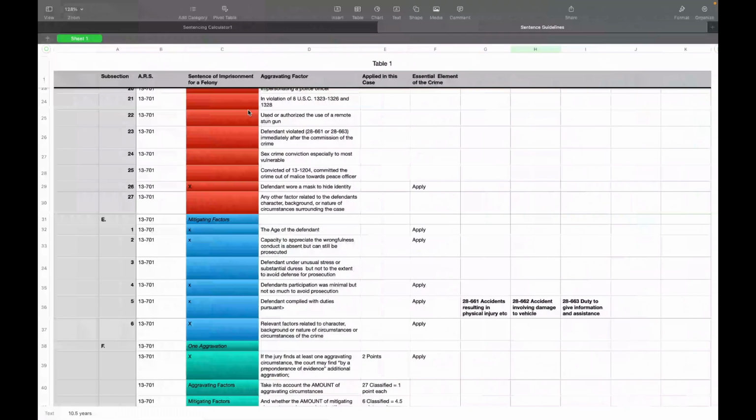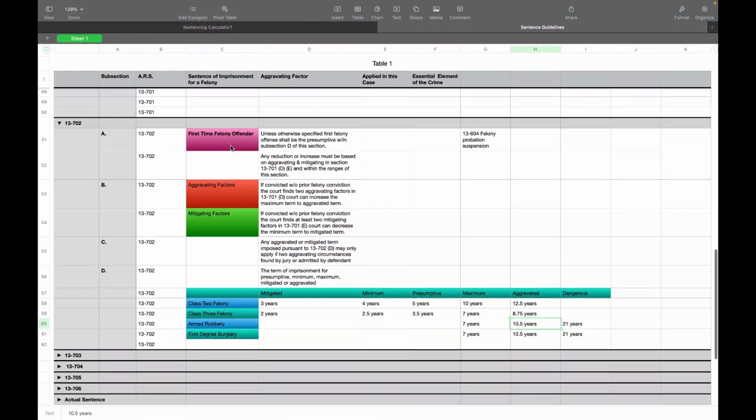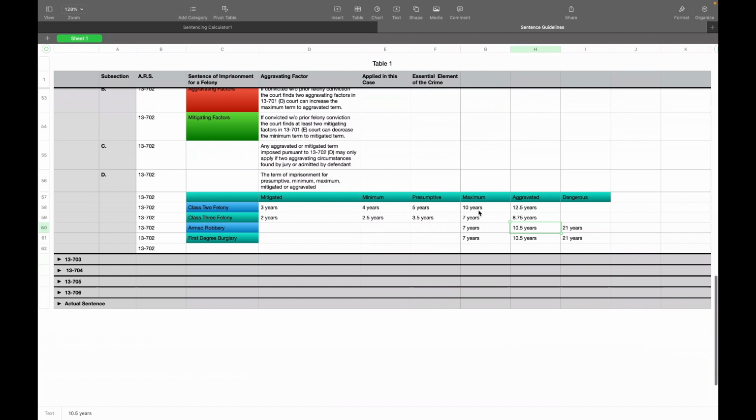So the court may increase the maximum years to aggravated if 2 aggravations are found. If you found 2, then you can. If 1 is found, you cannot.